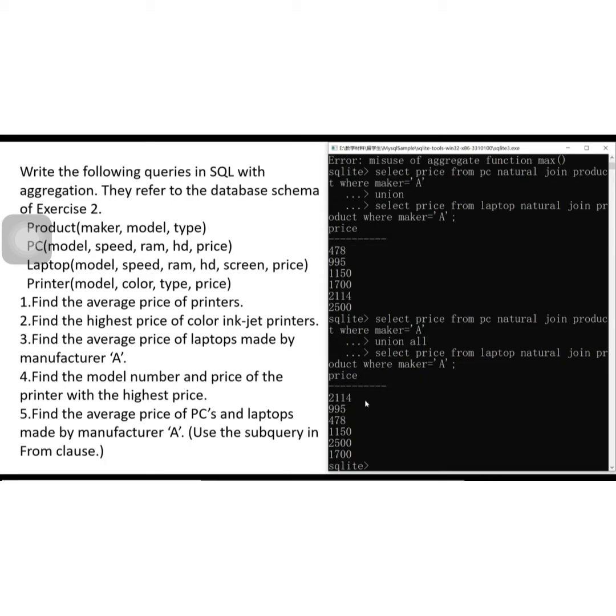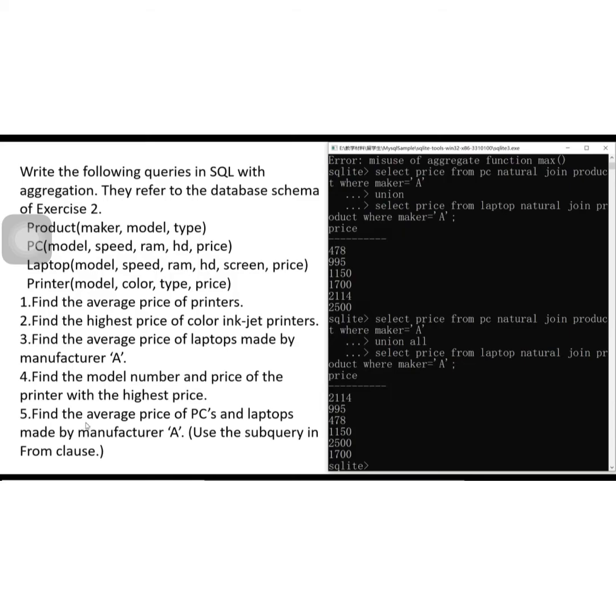If there is redundancy, don't eliminate the redundancy. Okay, then from this SQL sentence, we'll get the price of PCs and laptops made by A.